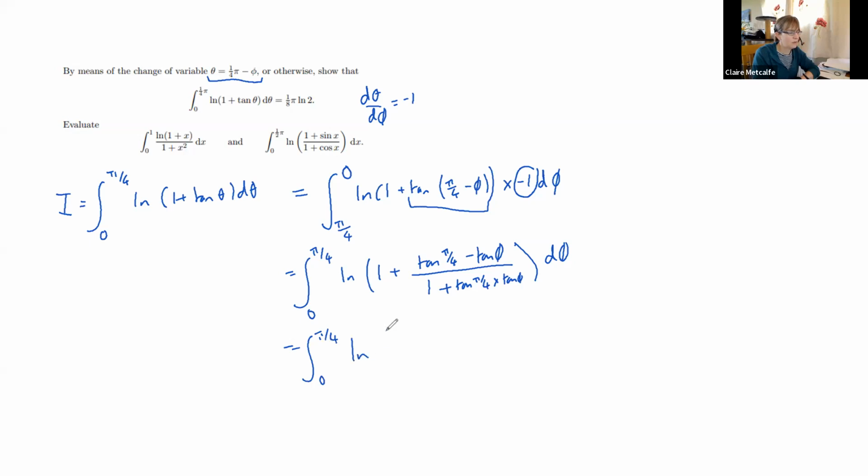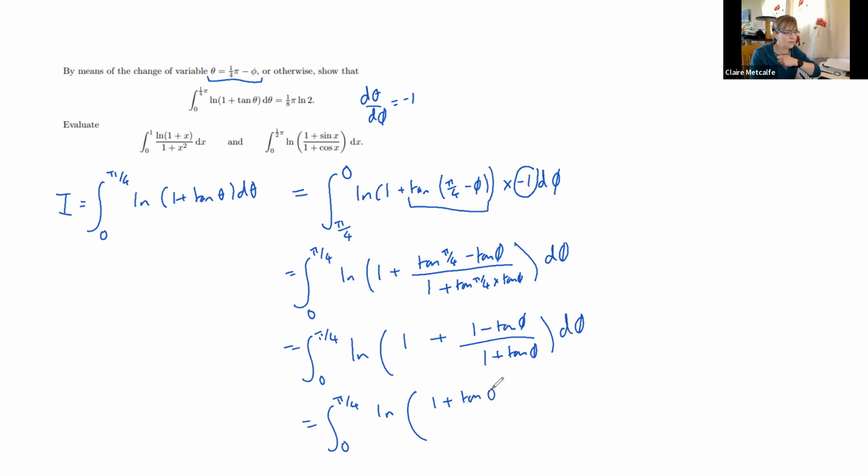Tan pi by 4 is equal to 1. So this is 1 plus (1 minus tan phi over 1 plus tan phi) d phi. And then we can write all of this over one fraction. So this is (1 plus tan phi plus 1 minus tan phi) all over 1 plus tan phi. Let's do that one.